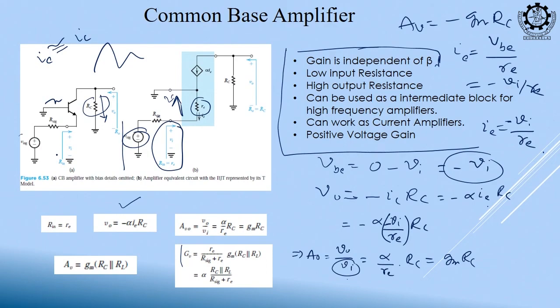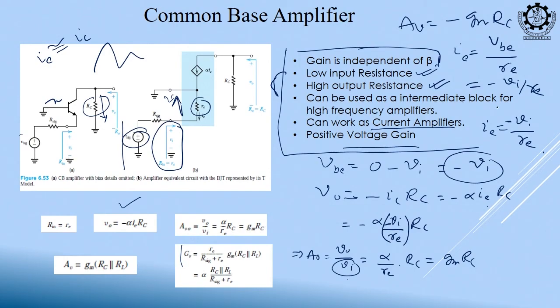So, this can behave like a current amplifier, because this is satisfied, input impedance is low. Why low? Because it is in the emitter terminal. Output resistance is high. So, you see these 2 points satisfy my current amplifier.